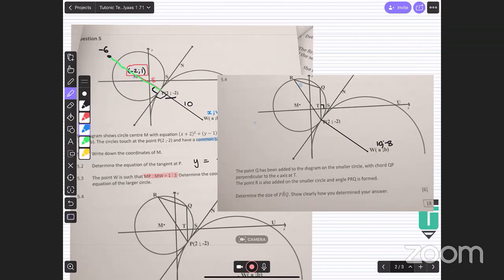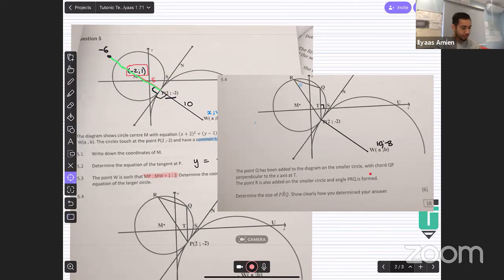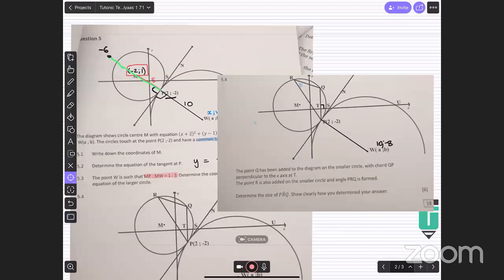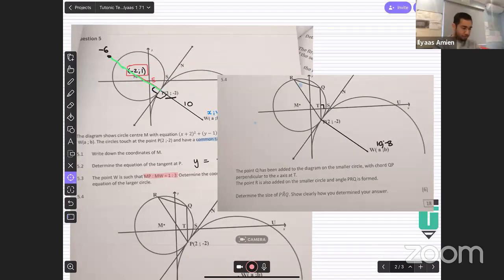So there's a couple of things that they've told us here that I want us to dissect. Perpendicular to the x-axis, what does that mean? Forms a 90-degree angle. Yeah, but what do you know about vertical lines? No gradient.